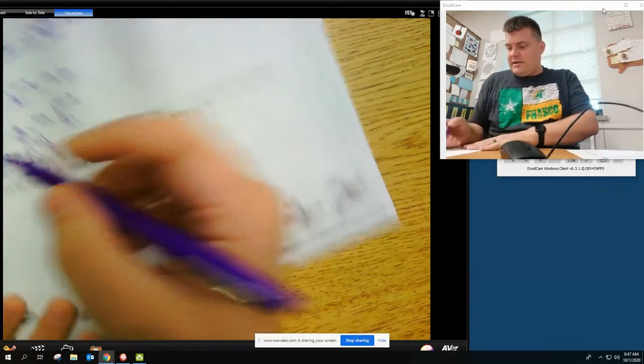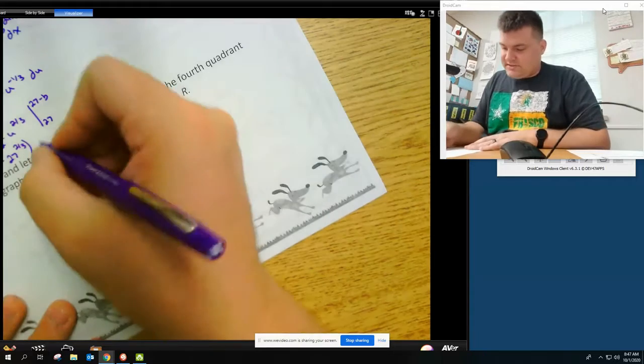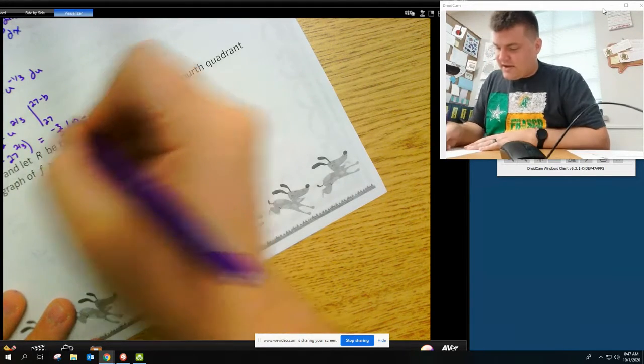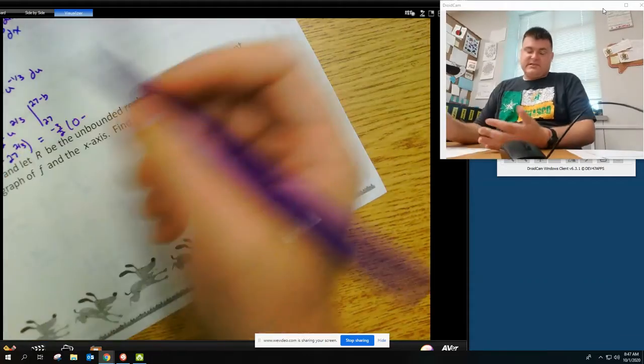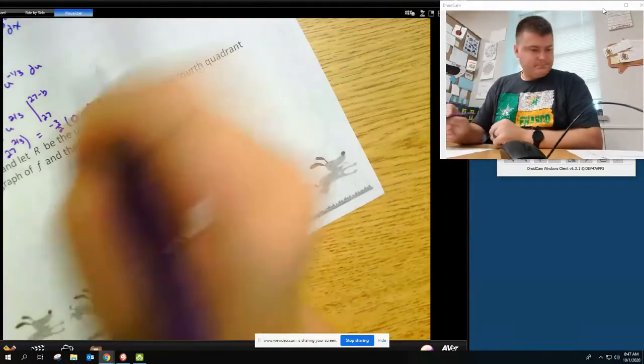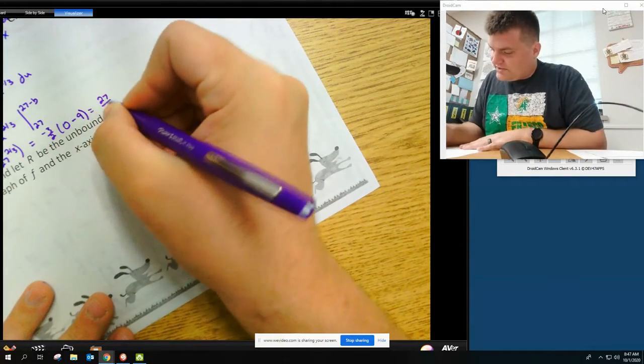All right, if I plug in a 27, nothing weird is going to happen, so I'm allowed to plug in that 27. So I'm going to get negative 3/2 times 0 minus, because 27 minus 27 is 0. 27 to the 2/3 is going to give me a 9, so this is going to end up giving me 27 over 2.